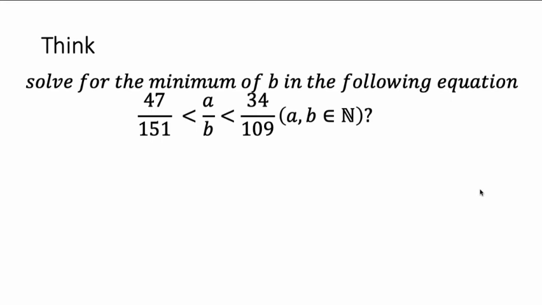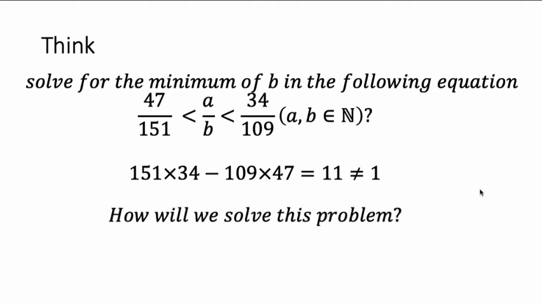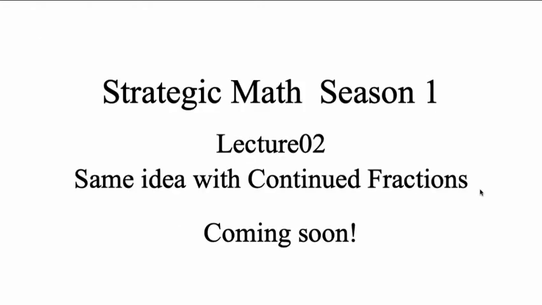So you can clearly see that 151 times 34 minus 109 times 47 does not equal 1. So how will we solve for the minimum? Well, be sure to watch our next lesson because we'll talk about it in our next lecture, the same idea with continued fractions.